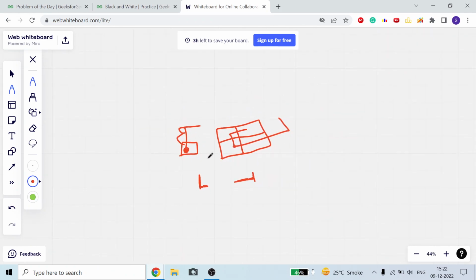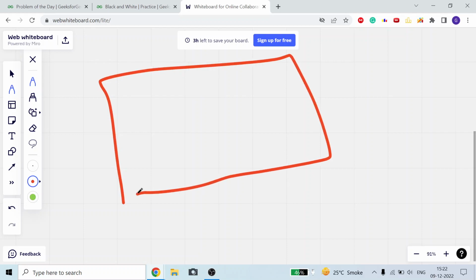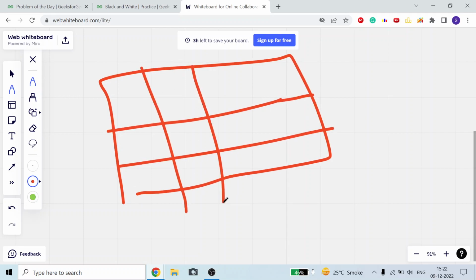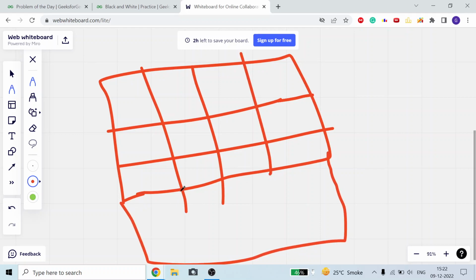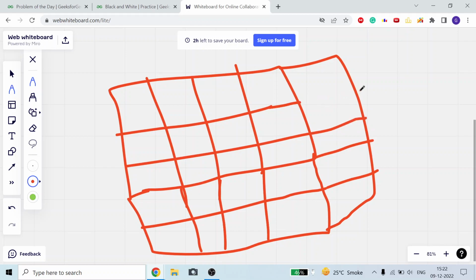Okay guys, so we are given a chessboard with dimension n into m. Suppose we are given a 5 into 5 board, cells 1 2 3 4 and 5.